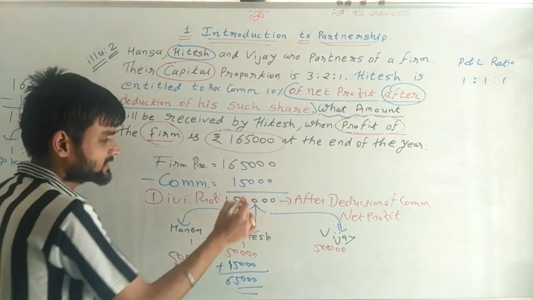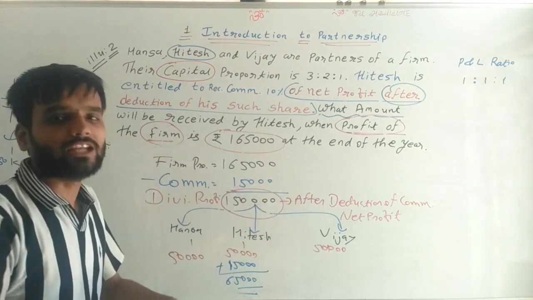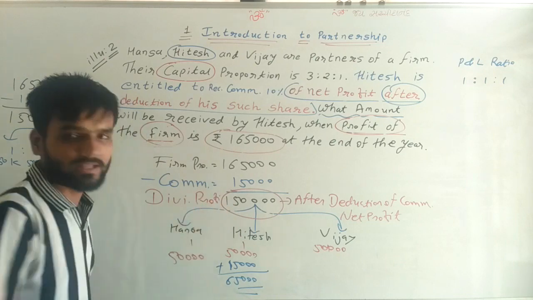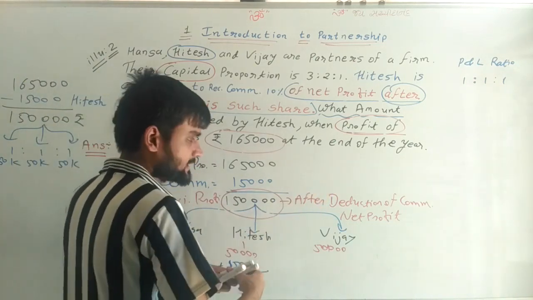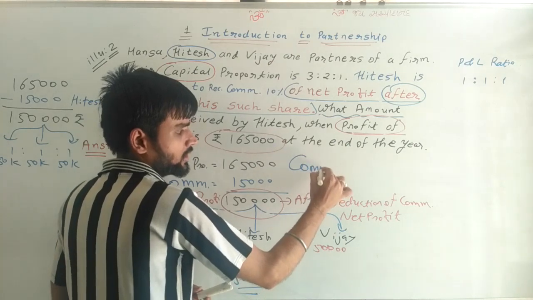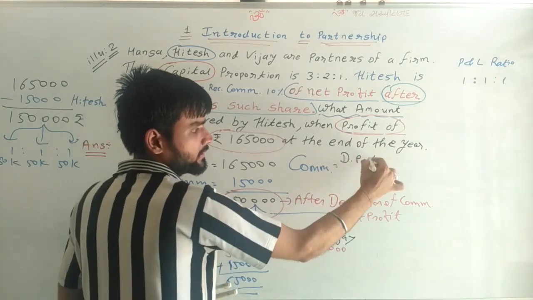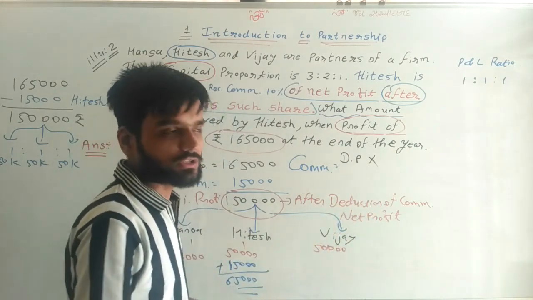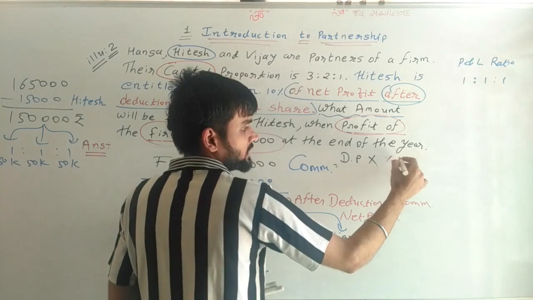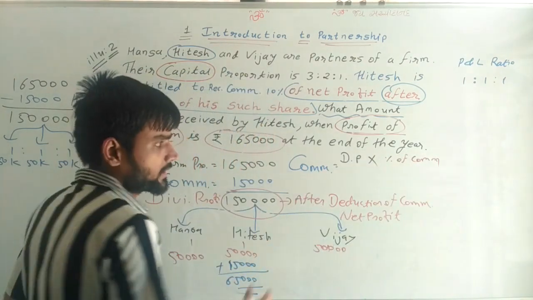And if this divisible profit is available to you, then you can calculate commission directly by the second formula. The second formula of commission is equal to divisible profit into percentage of commission divided by 100.